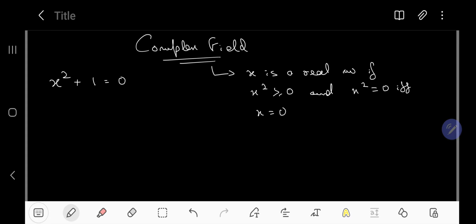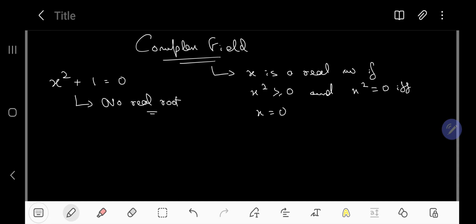So obviously this equation must have no real root, because if it has a real root, then that number has square -1, which is not possible for a real number, right?